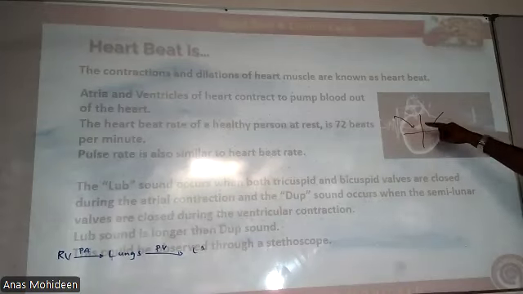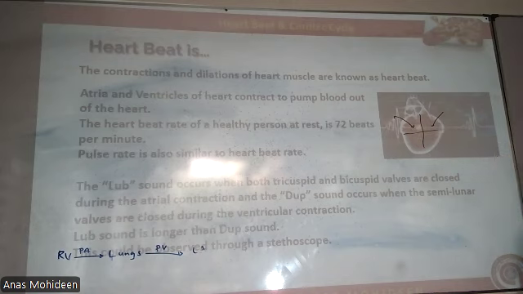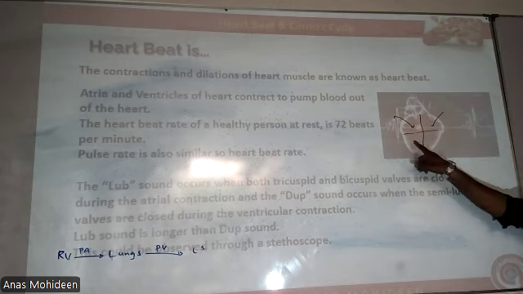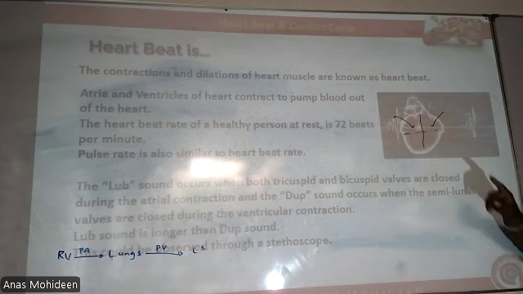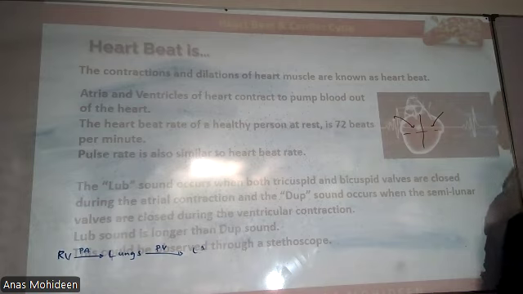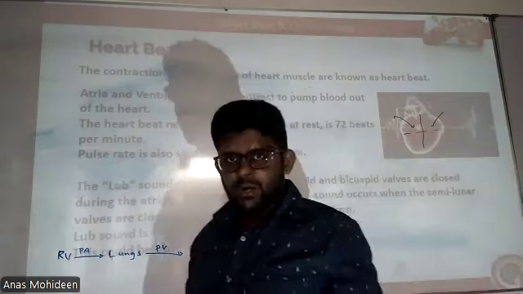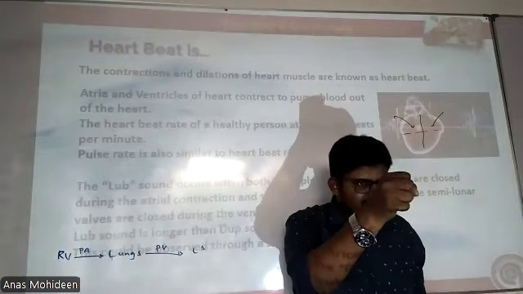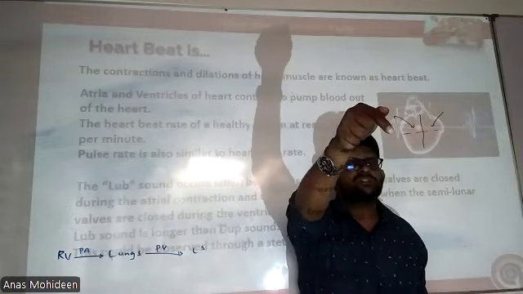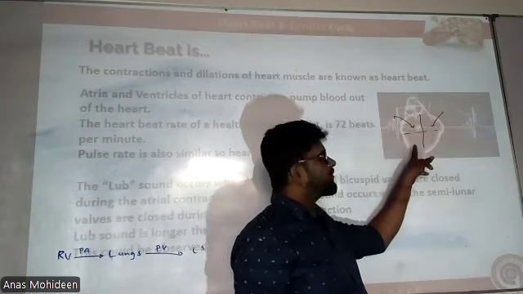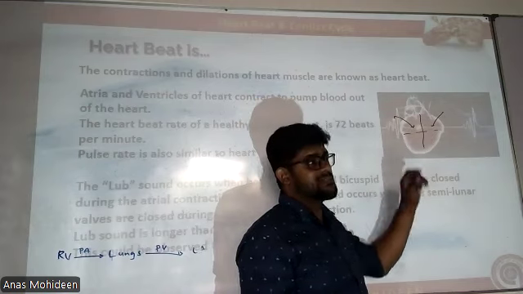The blood passes down from the atria to the ventricles through cuspid valves. When the right atrium contracts, deoxygenated blood passes from the right atrium to the right ventricle across the tricuspid valve.